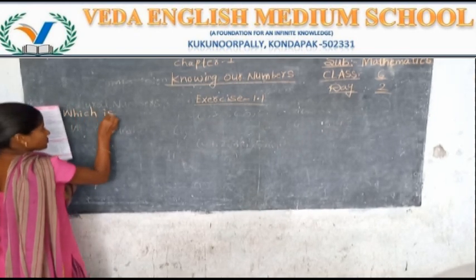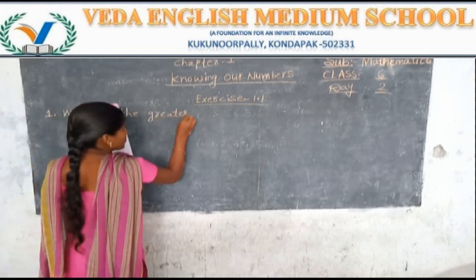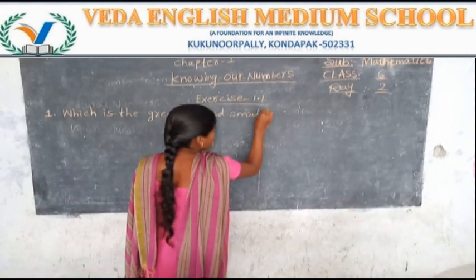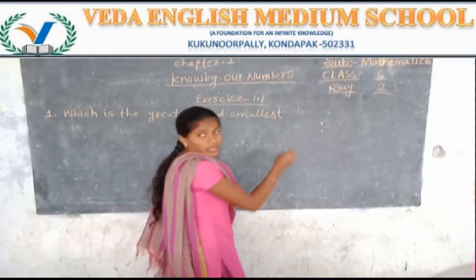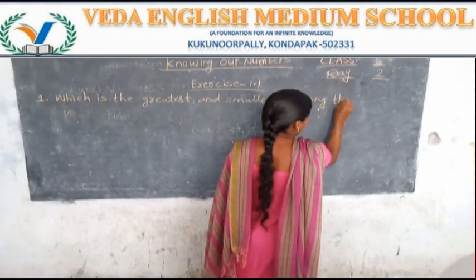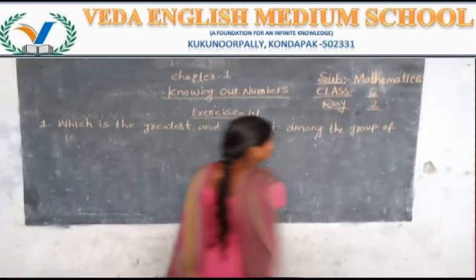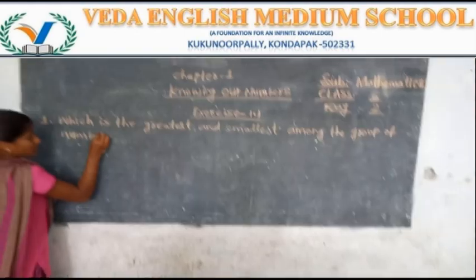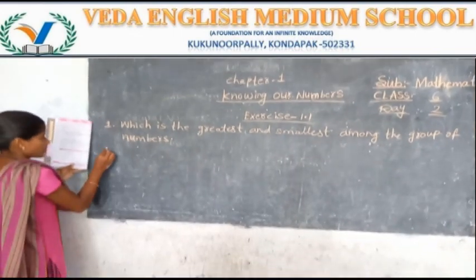Which is the greatest and smallest among the group of numbers? These are the heading. Now what is the first question? First question is the first one.